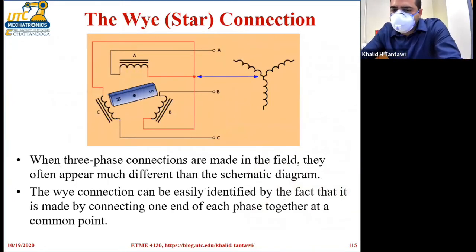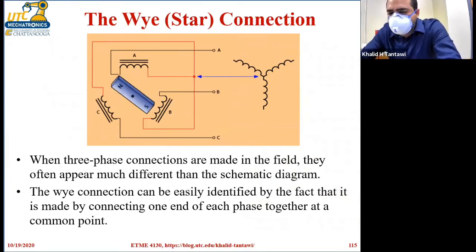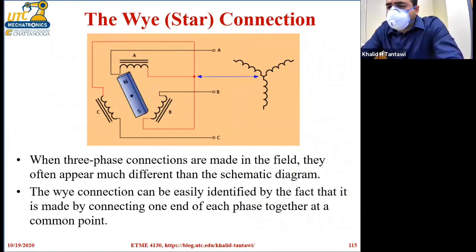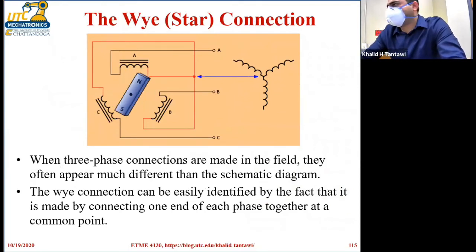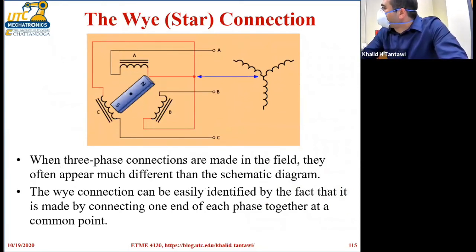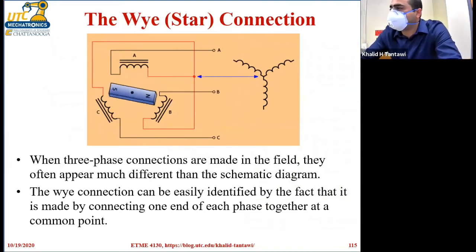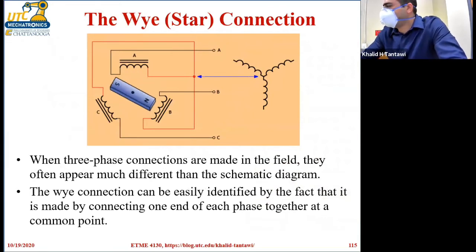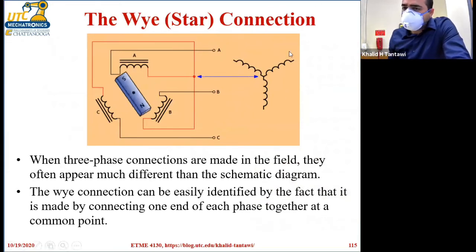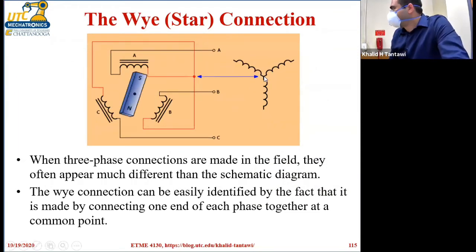When you have a Y connection, if you look at it, it has an advantage over delta in one thing. How many terminals can the Y have? Look at it carefully. It will have 4. So you can have A, B, and C, and you can have the neutral.